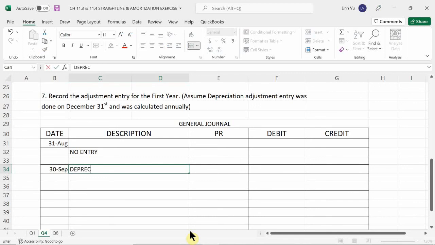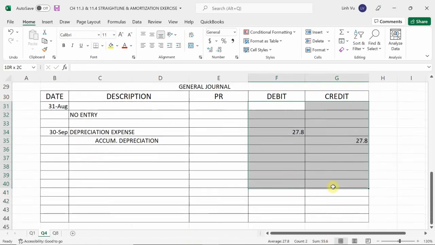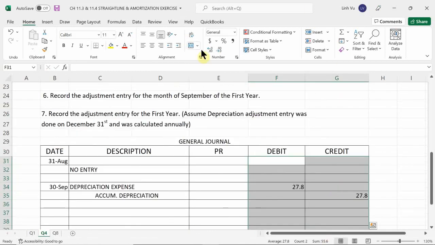Depreciation expense. Good. And accumulated depreciation, for $27.80, because that's what I have in my journals here. Okay?